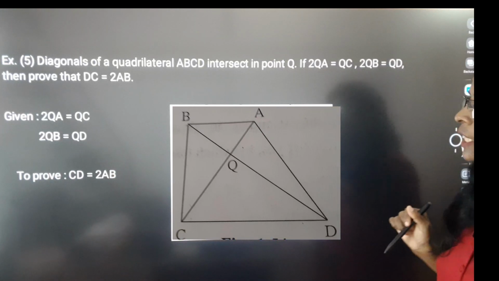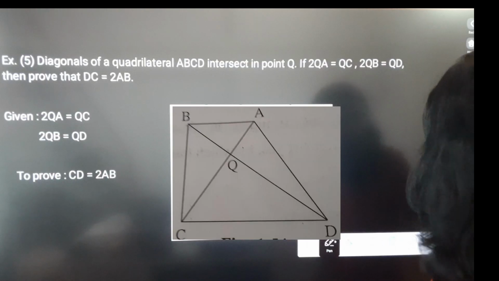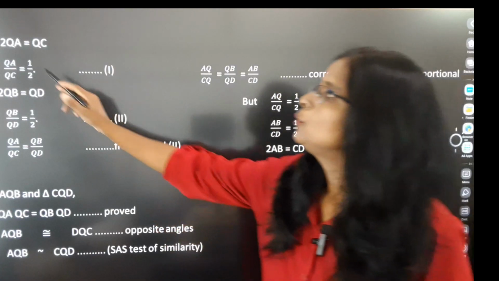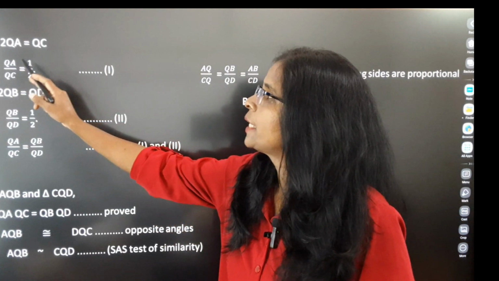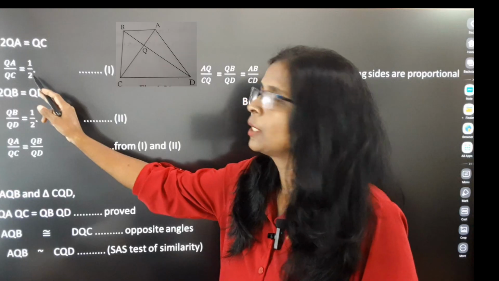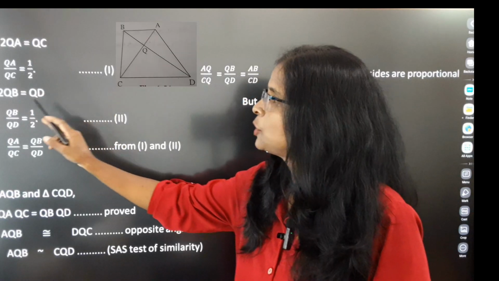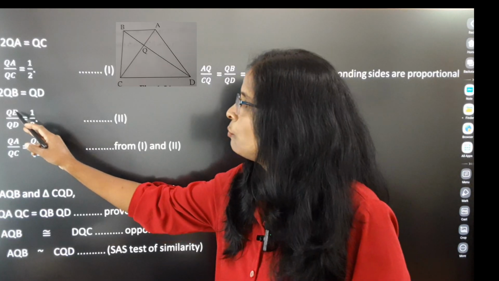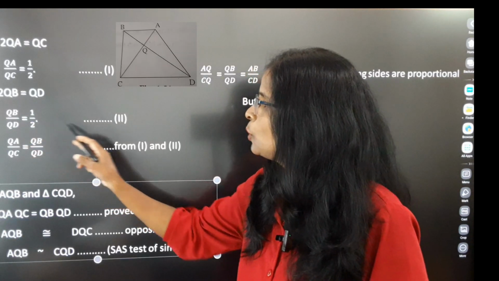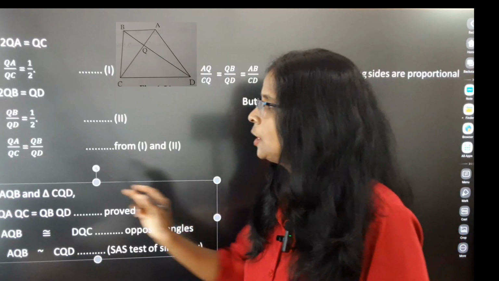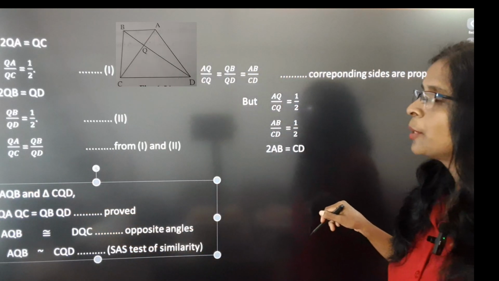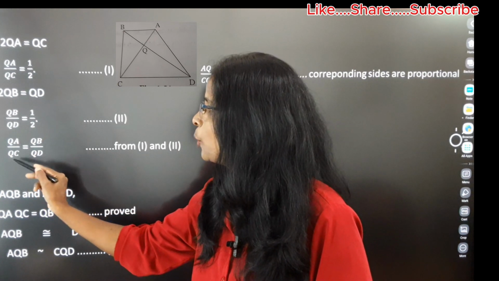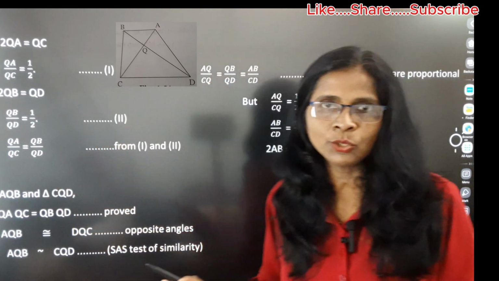From the given, 2QA is equal to QC, that means QA upon QC is equal to 1 upon 2, call it the first equation. 2QB is equal to QD, so QB upon QD is equal to 1 upon 2, call it the second equation. Both proportions are equal, so from 1 and 2, QA upon QC is equal to QB upon QD.